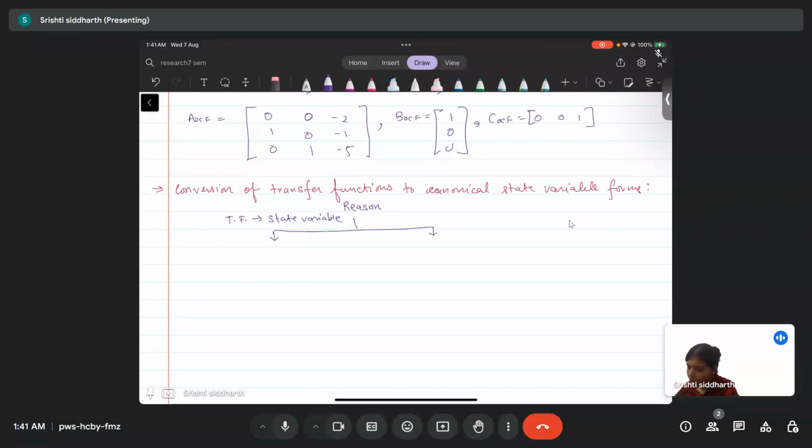So even if we have obtained the transfer function from experimental data, we need to convert it to state variable form so that we can design control laws.